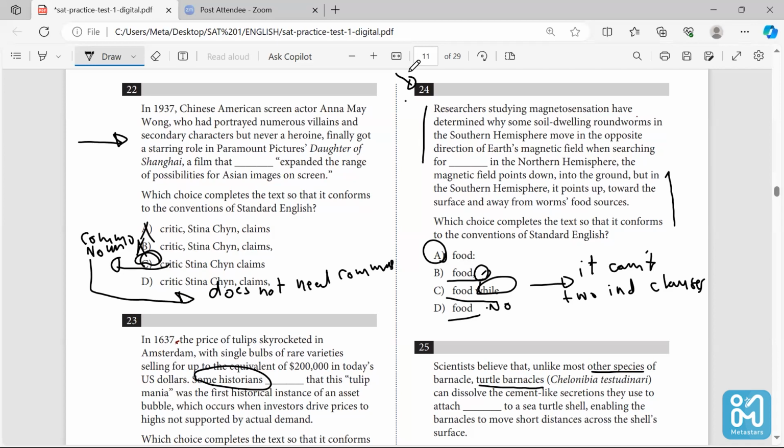A colon can connect two independent clauses. It's a long story but I'll shortcut it for you. The new story started with this prepositional phrase describing what comes after.